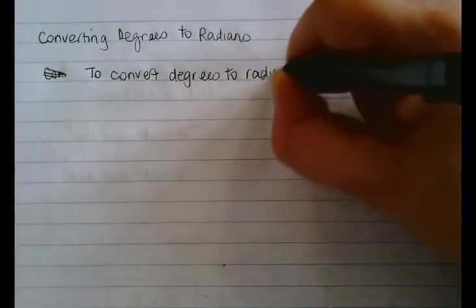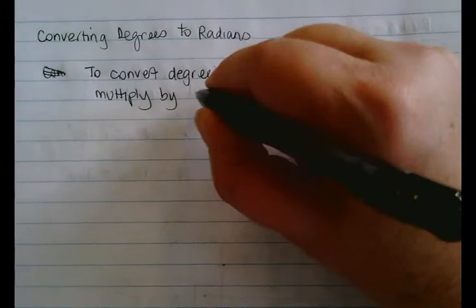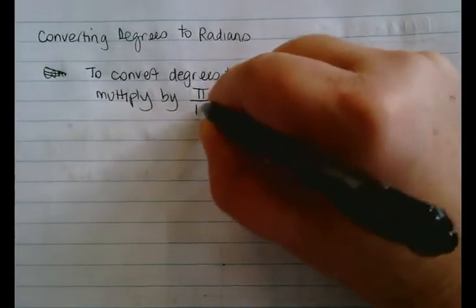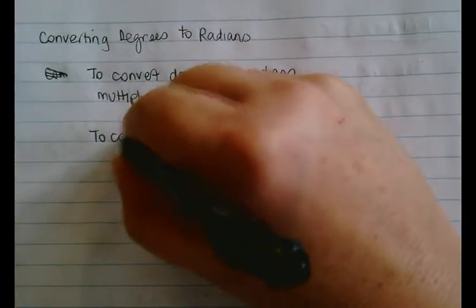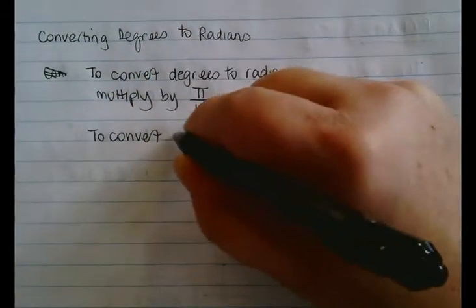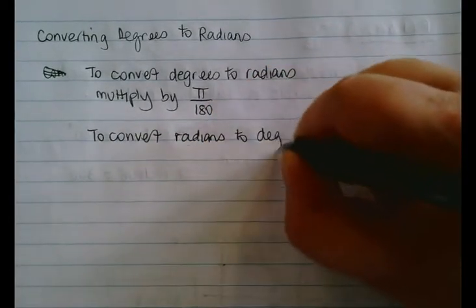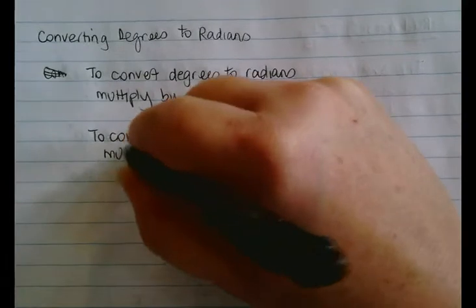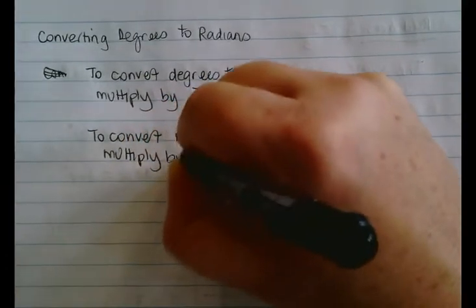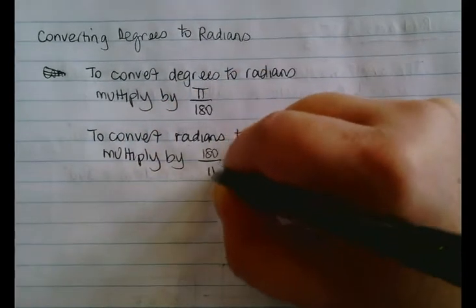So girls, you multiply by, now this is how I remember which way to do it. When you're converting from degrees to radians, because you're converting into radians, you multiply by pi over 180, right? And to convert, so there are 2 rules. Radians to degrees, you multiply by 180 over pi.